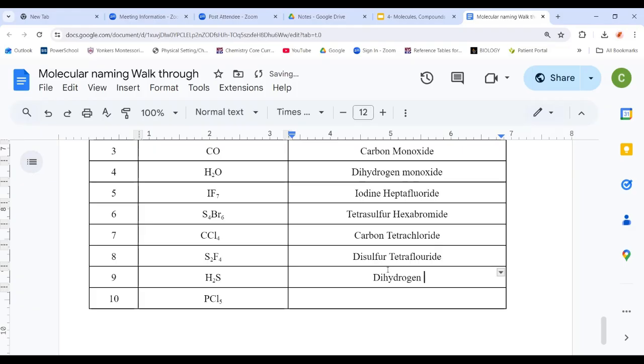And then the second one, you could say monosulfide. You can also say sulfide. And this one is phosphorus. And then 5 is penta. And then this element, Cl.